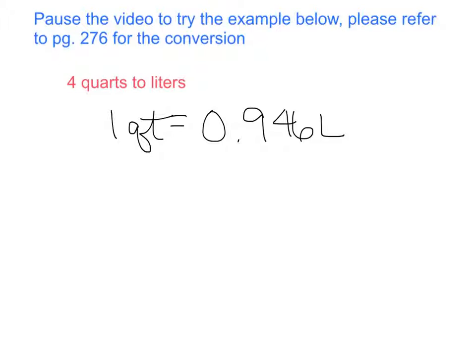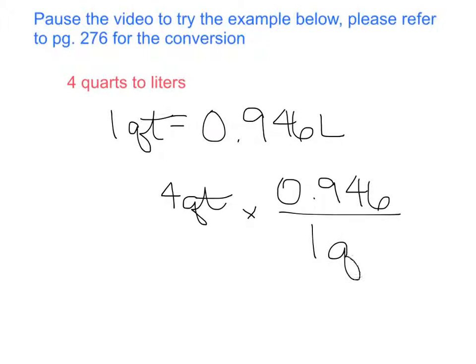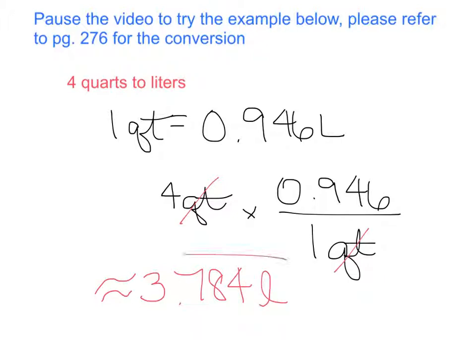So we set up our rate or proportion, and we say 4 quarts is here. Remember, you want to put the quarts on the bottom so that the units cancel out. So if we multiply both of these, 4 times 0.946 is approximately 3.784 liters.